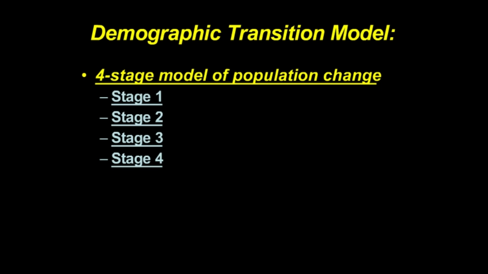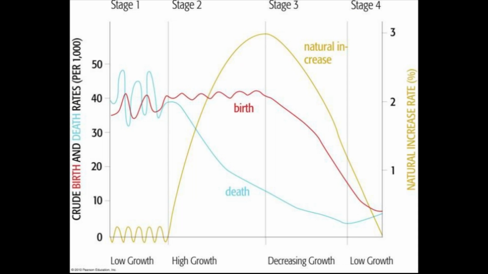The idea is that regions, countries, villages, whatever size scale, go through these various stages as they progress from developing to developed country status. And here we have the four stages.